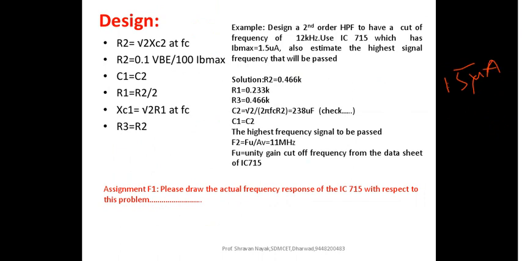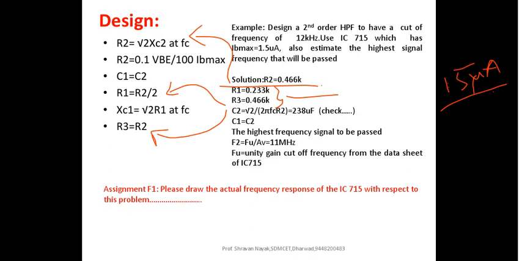It is for IC715, so it is specified as 1.5 microampere. So you get R2 equal to 46.6 kilo ohm, and again the R1 and R3 values can also be easily evaluated with the relationship of them with respect to R2. R1 is equal to 23.3 kilo ohm. Then R3 is again equal to R2, which is equal to 46.6 kilo ohm, right?